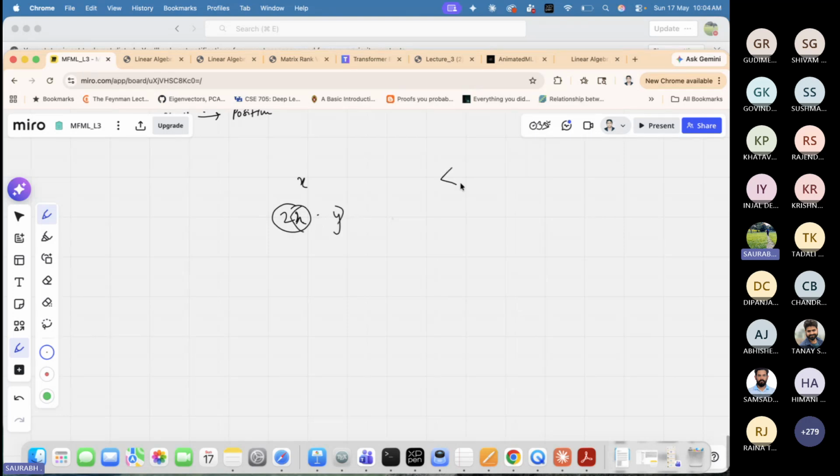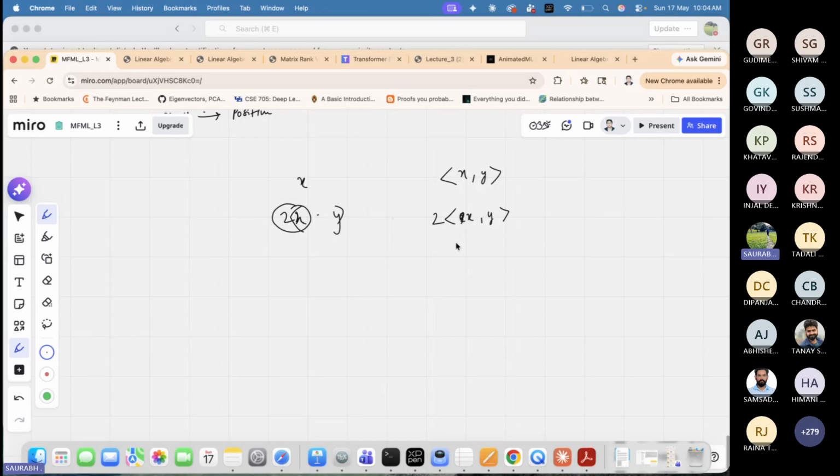So let's say, for example, if I am taking x, y, and I take the double of the first vector, 2x, y, then the similarity would be nothing but double this. So this is one simple understanding.